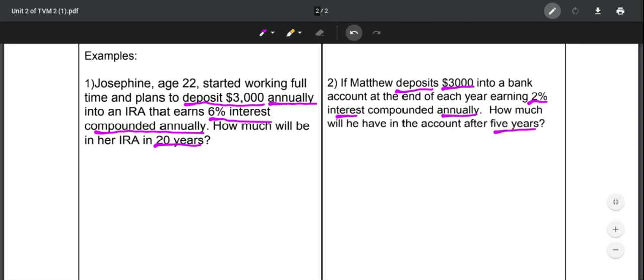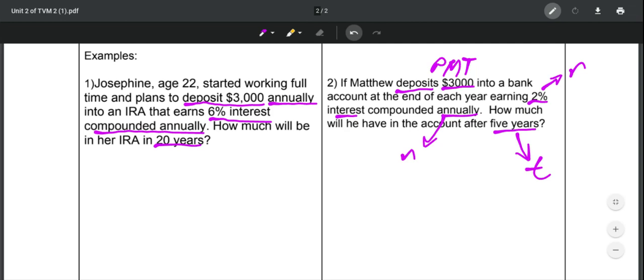So you could do it this way too. You could just go through and say, okay, I know this is my PMT right there. I know that this is going to be my interest rate. I know that this is going to be my N. I know that this is going to be my T. So my annuity payment, my PMT is $3,000. My interest rate's 2%.